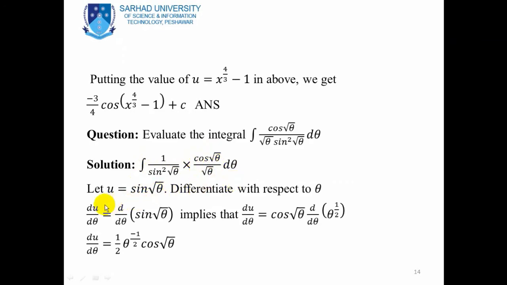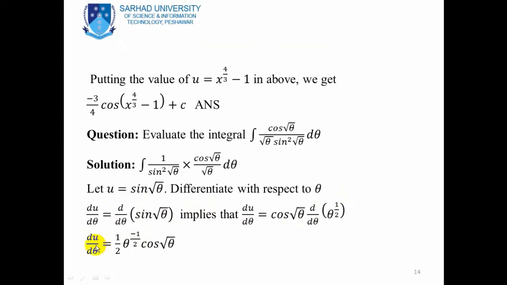After differentiating with respect to theta, we obtain du by d theta, which is equal to the derivative of sine with respect to theta, cos theta, and further the derivative of the argument with respect to theta. The argument is theta power 1 over 2. Using the power rule for this differentiation, multiply the power with the coefficient and subtract 1 from the power.